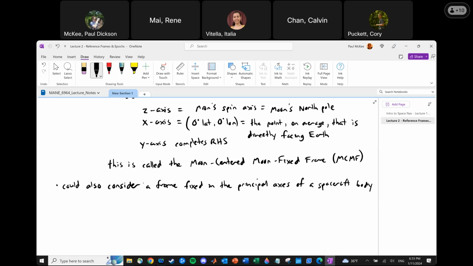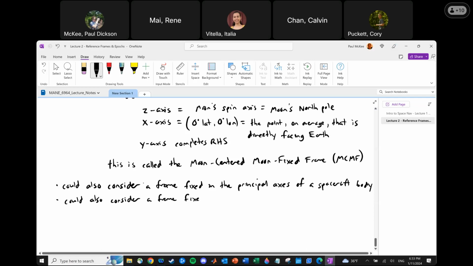Might call that the spacecraft body frame. And you could also consider a frame fixed with respect to an instrument, a camera, etc.